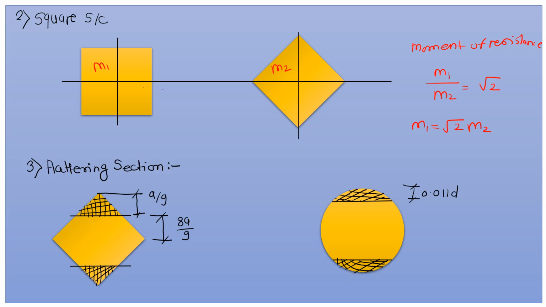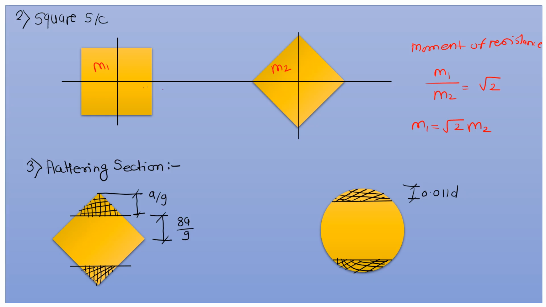Then the next point is flattening section. In a flattening section we cut the uppermost part of any figure. Here the first figure is a diamond shape and the second is a circular figure. In case of the diamond shape we cut a by 9: total is 2a, side is a.